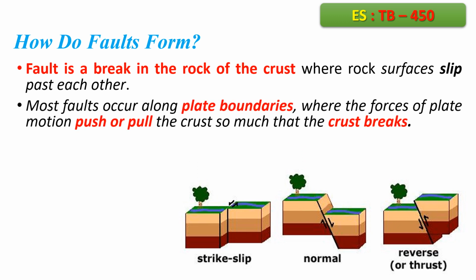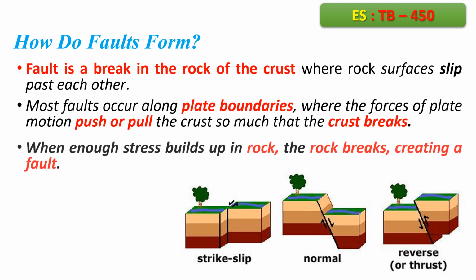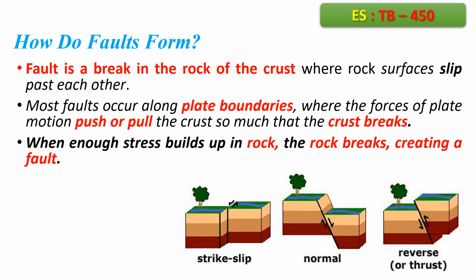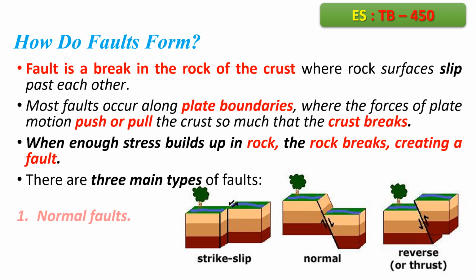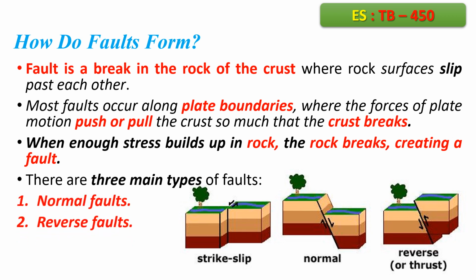Most faults occur along plate boundaries where the forces of plate motion push or pull the crust so much that the crust breaks. When enough stress builds up in rock, the rock breaks, creating faults. There are three main types of faults: normal faults, reverse faults, strike-slip faults.